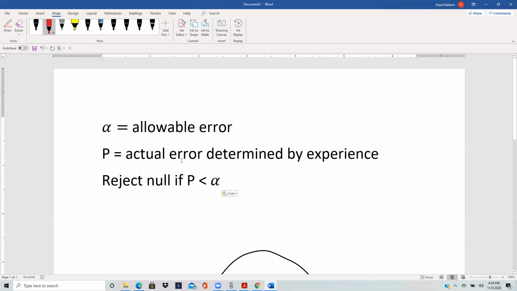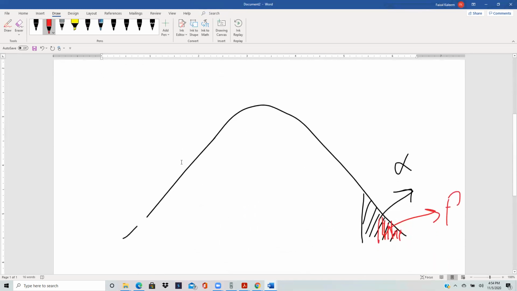So in other words, P then tells you what they were saying over there, that it's the probability of observing a sample value as extreme, which is here, or even more extreme.